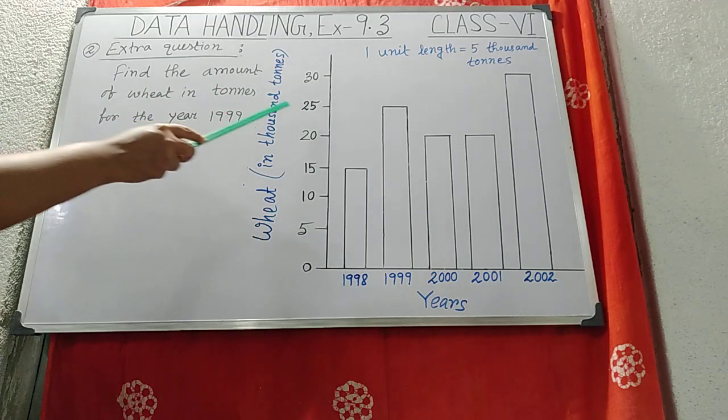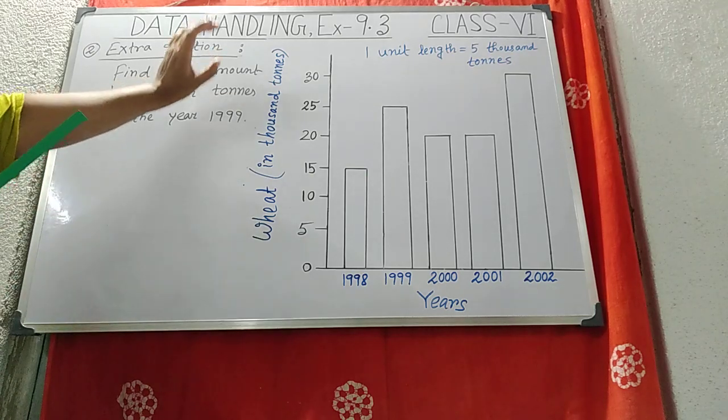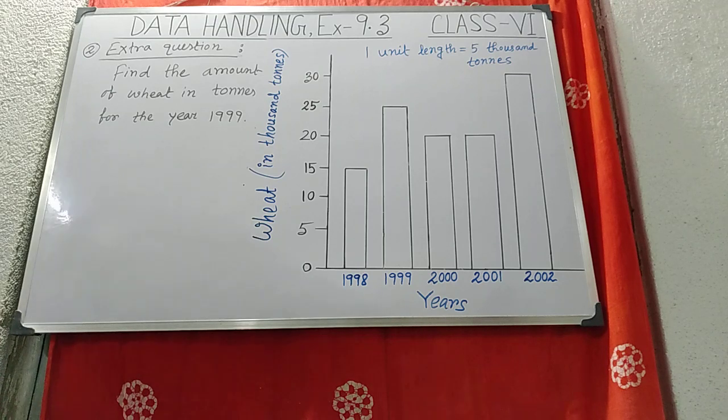So here 25 is written. We have to show it in 1000 tons. Wheat in 1000 tons. So we have to represent it in 1000 tons.